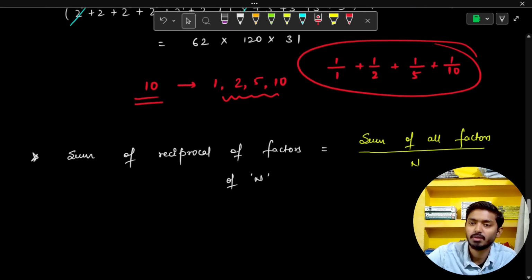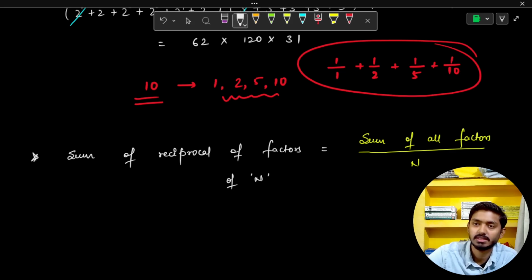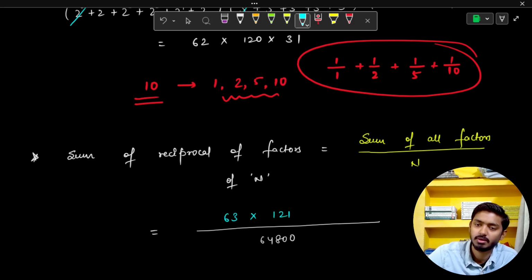So we have a formula which says you write the sum of all factors and divide it by the number itself, 64800. The sum of all factors, if you remember, was 63 times 121 times 31, right?